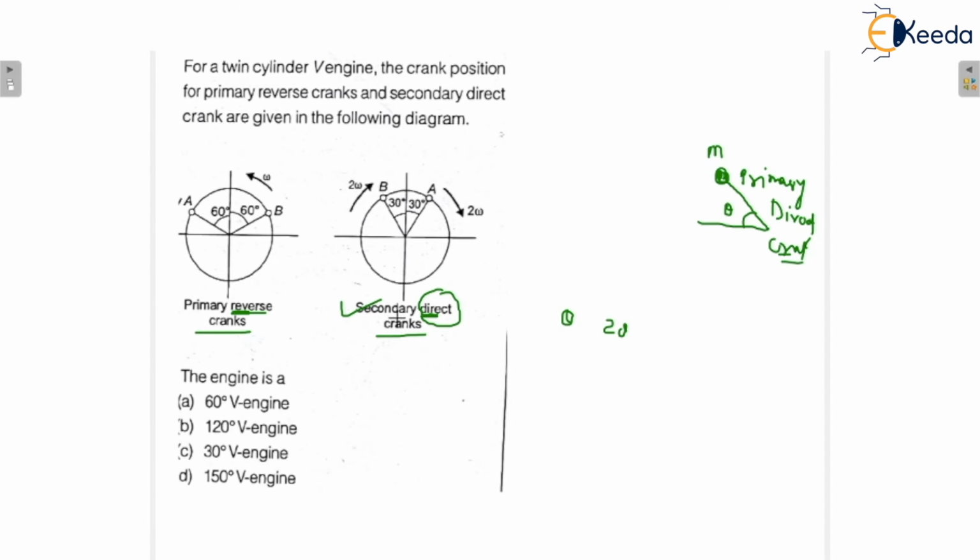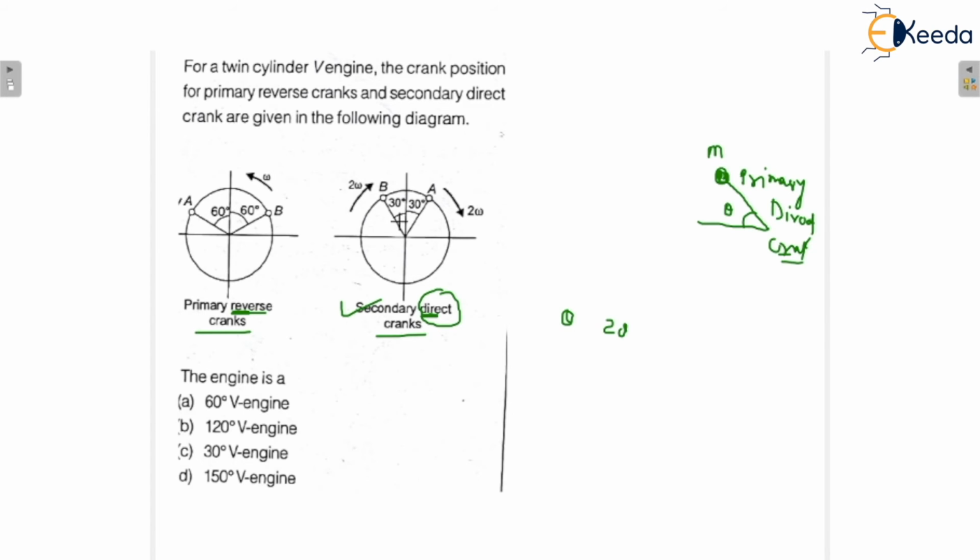So you need to understand what is important in this diagram. If you carefully see, the angle is measured with the vertical. That is very, very important. The time consuming part here is that the angle is measured from the vertical. If you solve this question with the vertical angle, you will get the wrong answer.